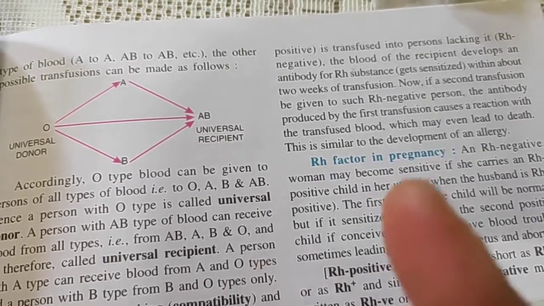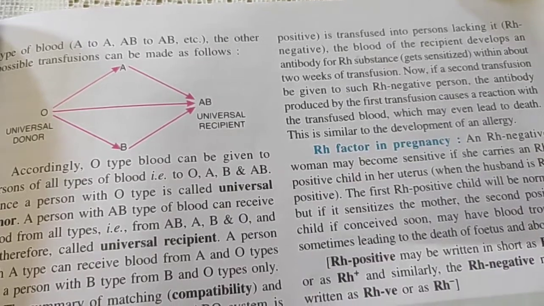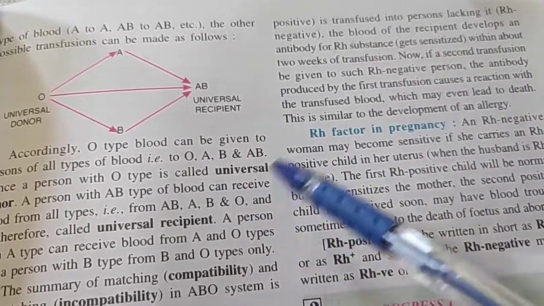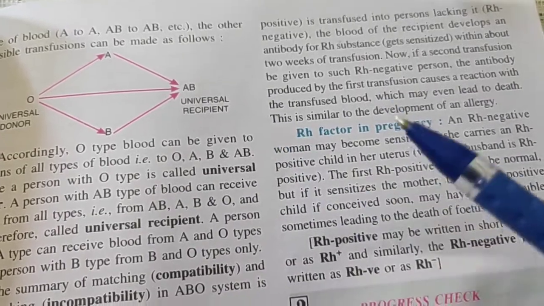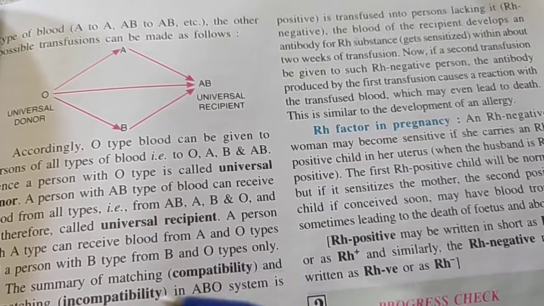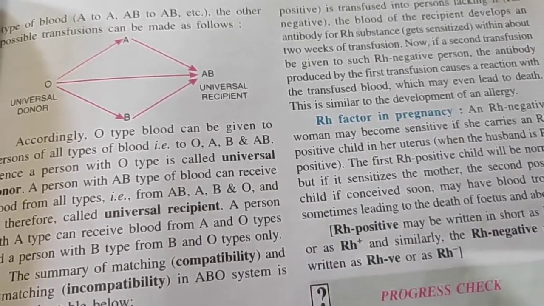But if a second transfusion is given to such RH negative person, the antibody produced by first transfusion causes a reaction with the transfused blood, and it may lead to death, or sometimes it can develop an allergy.